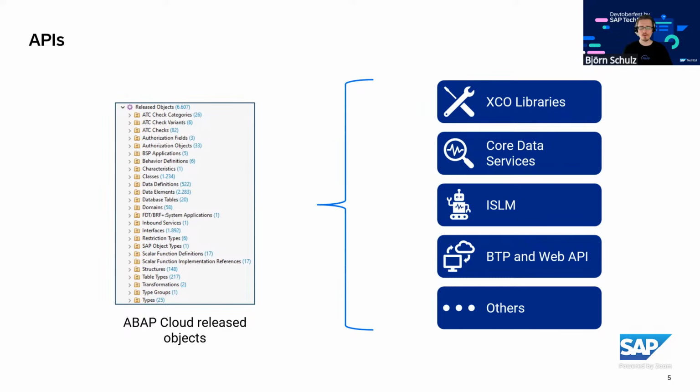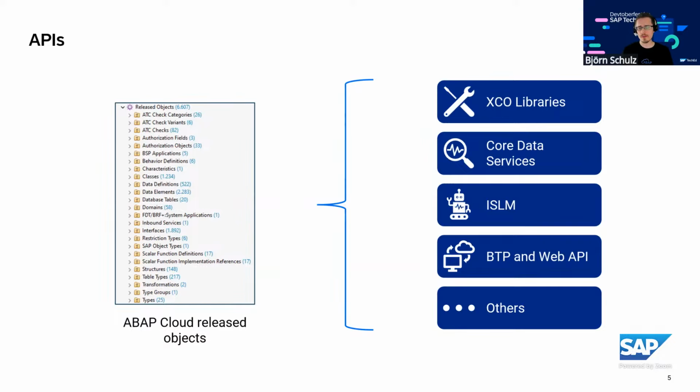And we also have to point out the ISLM services, Intelligent Service Lifecycle Management, everything about AI in this case. When you want to build AI features and access the AI Core, you have the ISLM in the system, where you can also build actions that rely on AI later.